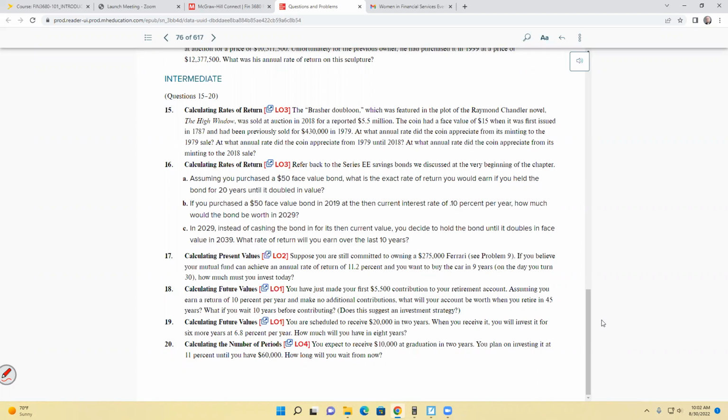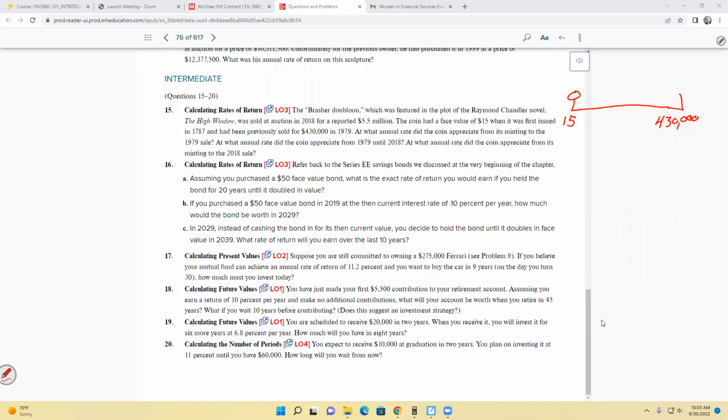At what annual rate did the coin appreciate from its minting till its 1979 sale? We go from $15 to $430,000, from 1787 to 1979. How many years do we have there?